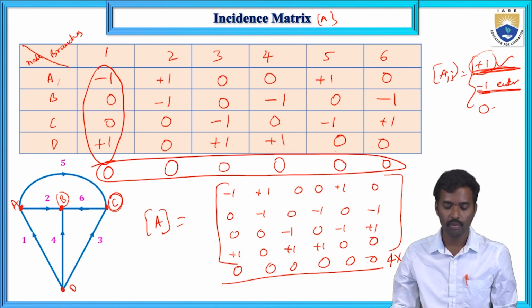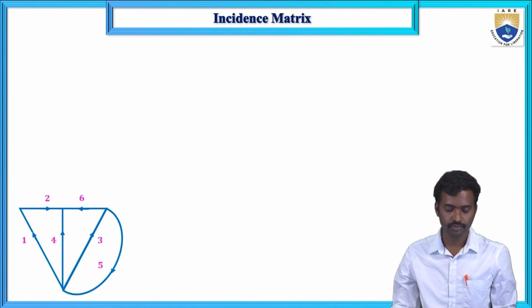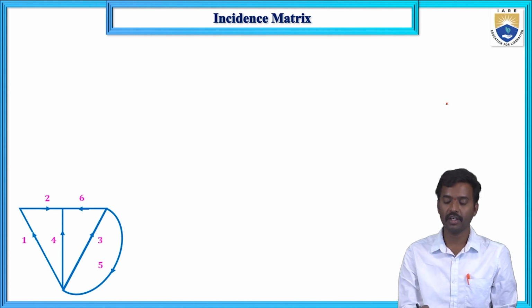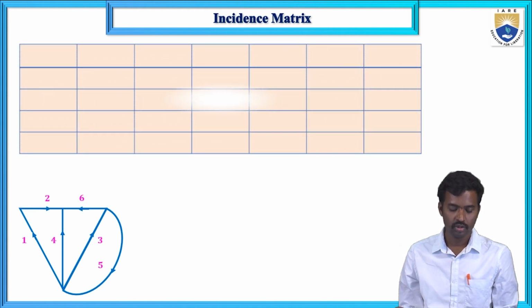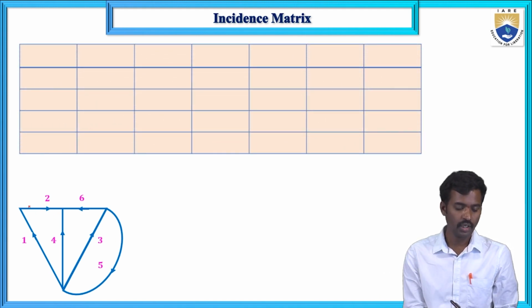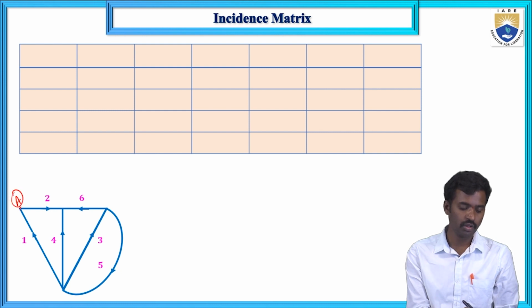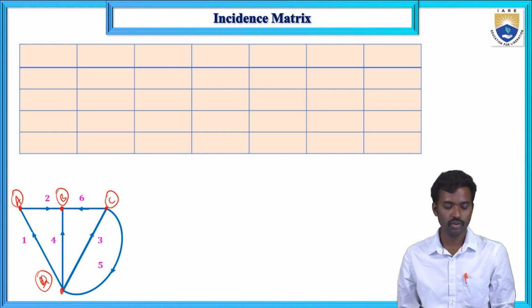Now next problem. For a given graph, determine the incident matrix. Same 6 branches and 4 nodes. Here A is the first node, B is the second node, C is the third node and D is the fourth node.